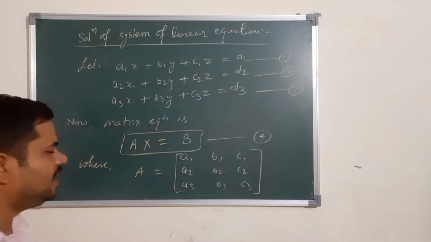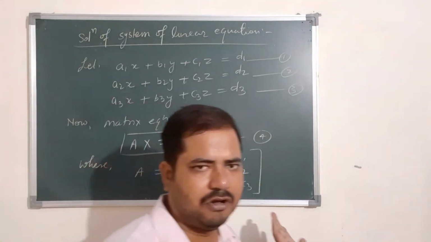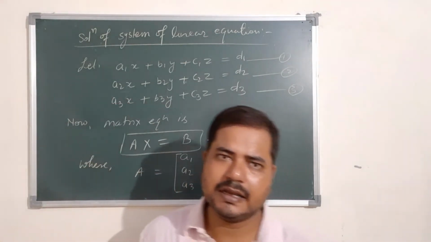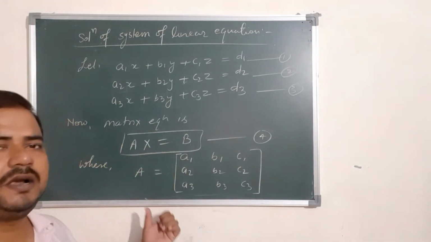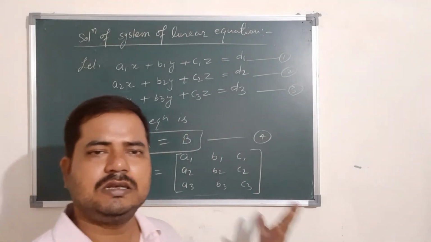And consistency of the equation depends on A also, because if determinant of A is 0, then A is singular, and if determinant of A does not equal 0, then A is non-singular.